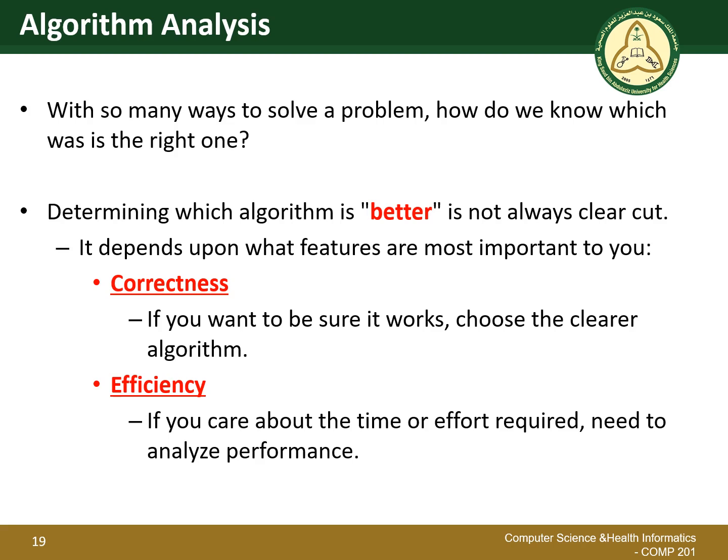The answer is not always clear-cut, meaning that there is no one correct answer. It depends upon what features are most important to the application. We all know that any application consists of a group of algorithms working together.